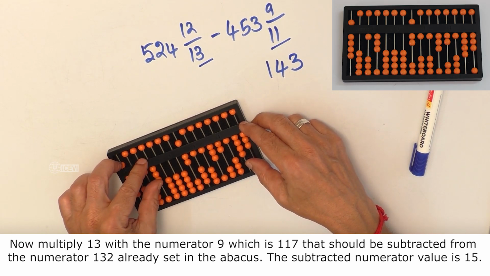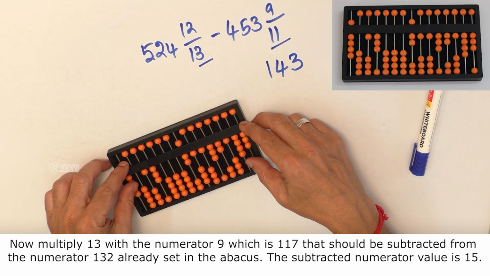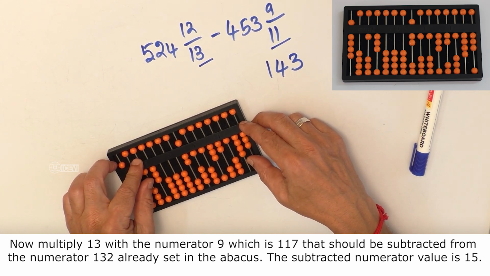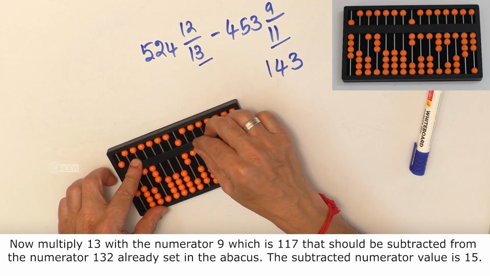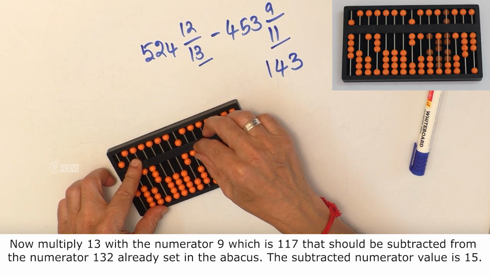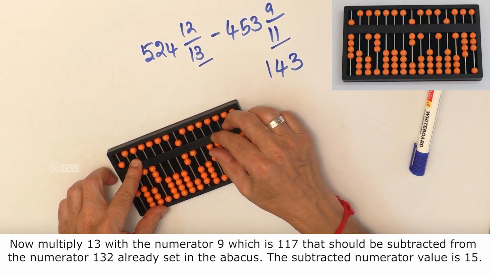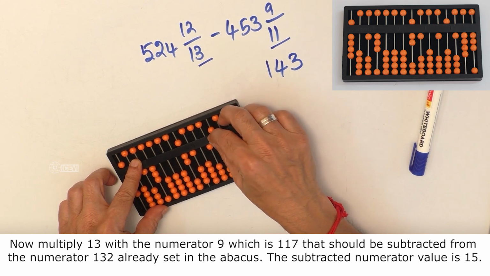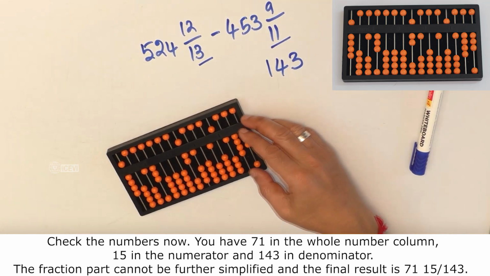Now multiply 13 with the numerator 9, which is 117. That should be subtracted from 132, and the result you get is 15. Check the numbers now.